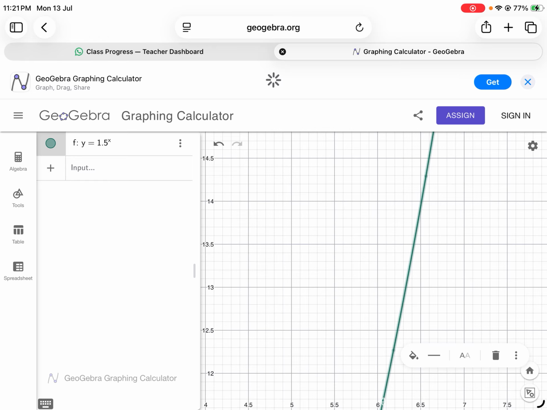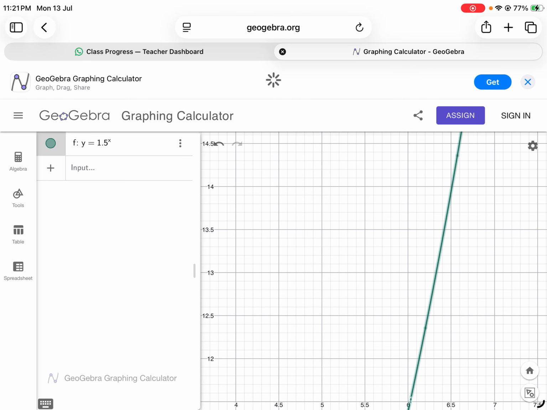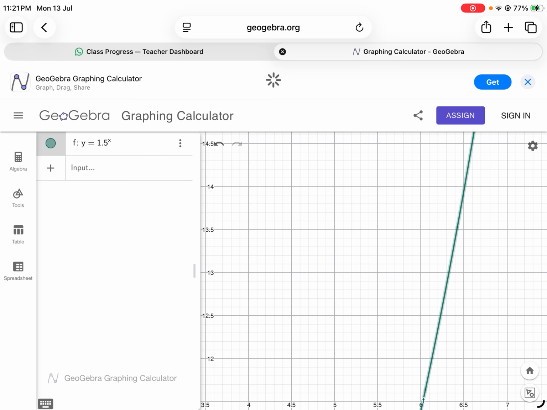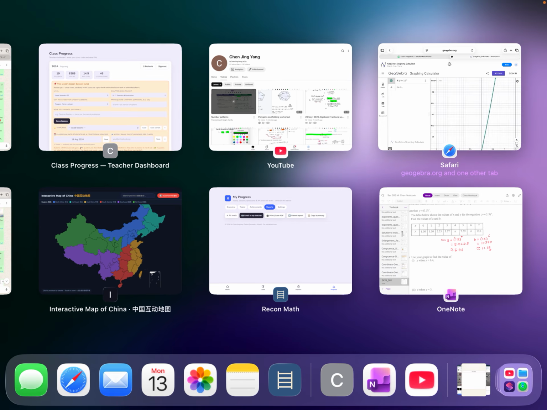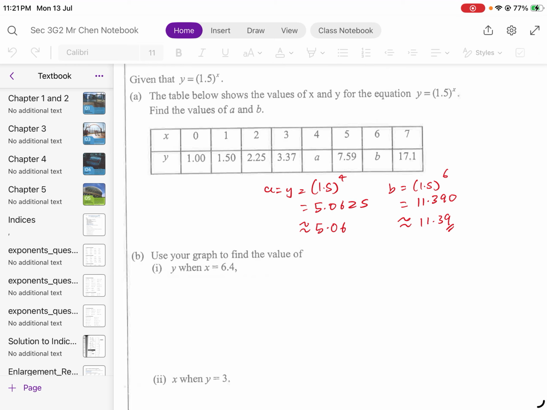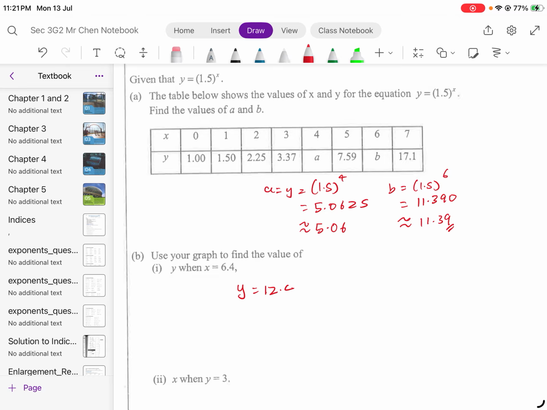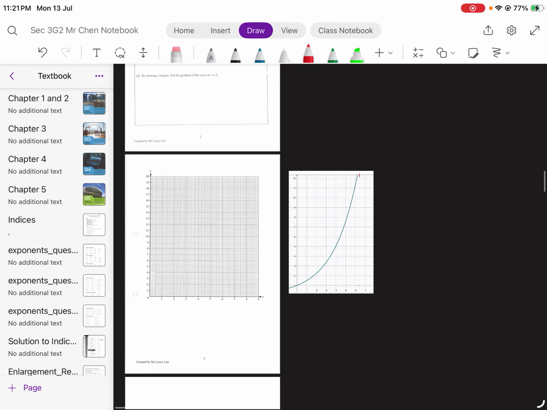Roughly we should get 12.4. But you draw the graph and see what you get. I'm just going with 12.4. So from your graph, mark out y equals 12.4, because this picture was not capturable on GeoGebra.